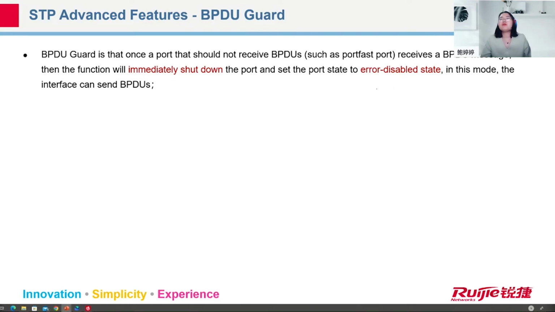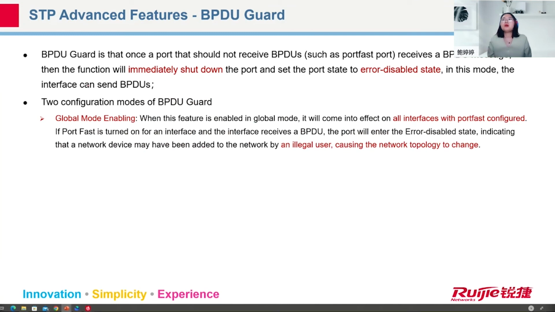But if you enable BPDU guard, and this interface receives a BPDU, then I will immediately shut it down and make the state become error-disabled. And in this mode, the interface can send out BPDUs to finish the convergence, but cannot forward the traffic, avoiding the loop.